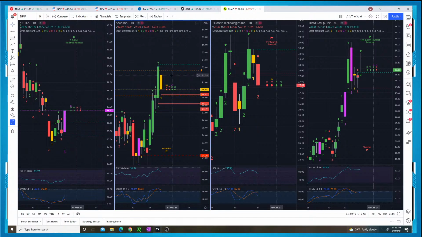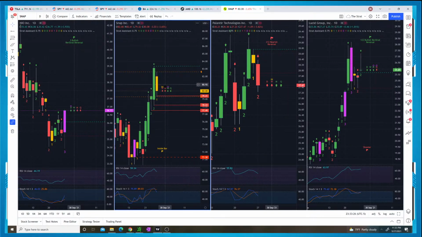And another thing I want to mention are gap ups and gap downs. So say we're trying to play Snap tomorrow, right? If the price opens above this high, say it just opens at 84, who knows what happens? Maybe they come out with some news or something, a deal that they have. We don't want to chase that. Our trigger entry is right here at 82.